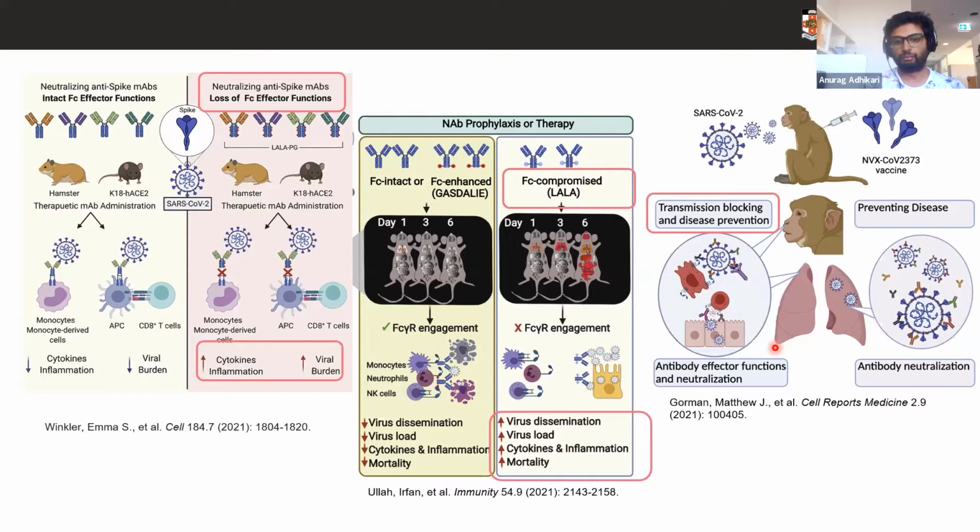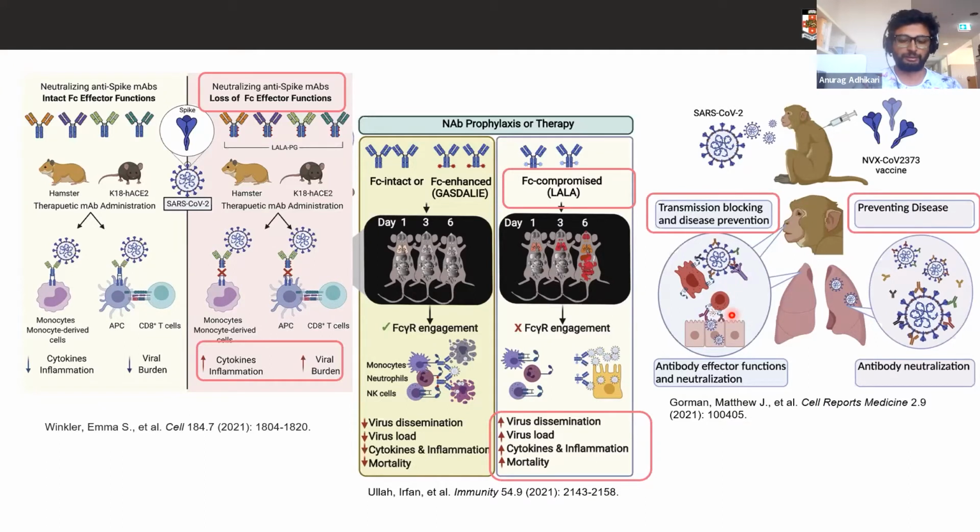So if we could work on transmission blockage as well, and have vaccines that are really effective in reducing transmission, with the help of antibodies which have intact effector functions, that would be amazing. And that's the work I'm trying to do.